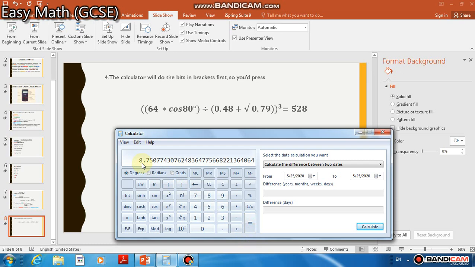Okay, now the last step, take the cube, this symbol we can use, to get the answer. So the answer is nearly 527.63.